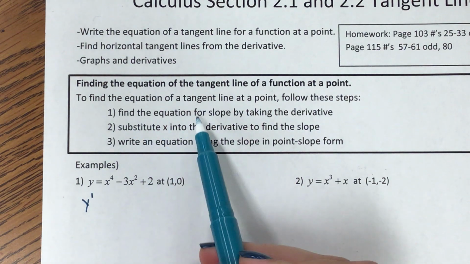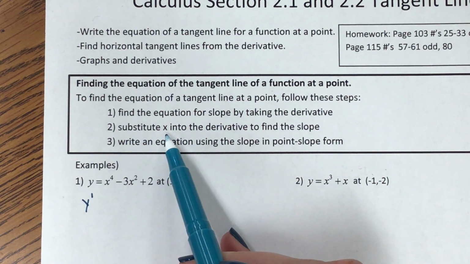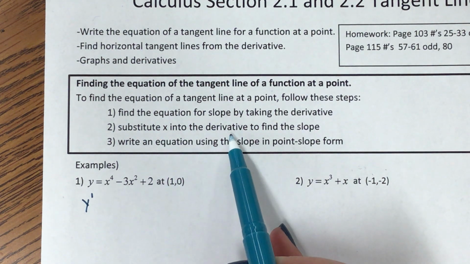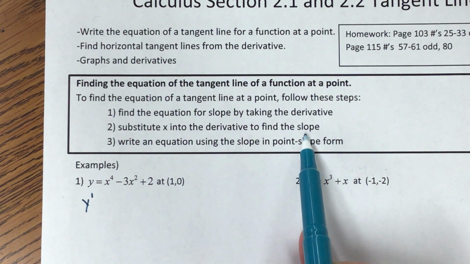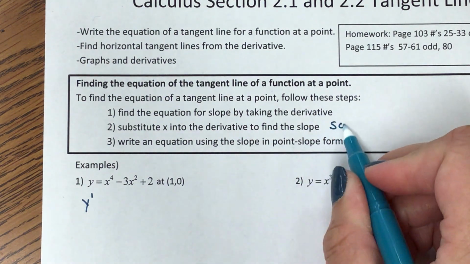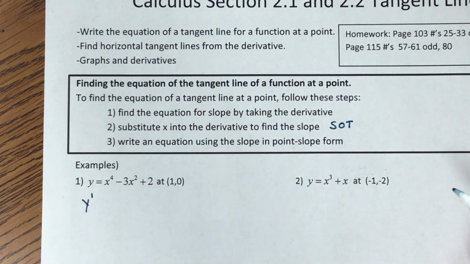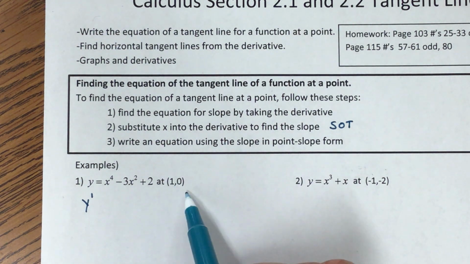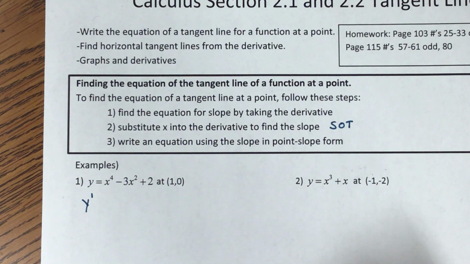Okay, so after you find the equation for slope, you're going to substitute whatever the x value is into the derivative to find the slope of the tangent line, that is the SOT. You also have to find the point of tangency. Sometimes they give you the x value and the y value, such as examples 1 and 2 down here, and sometimes a problem might give you just the x value and you have to find the y value.